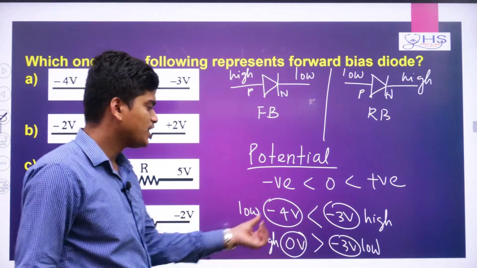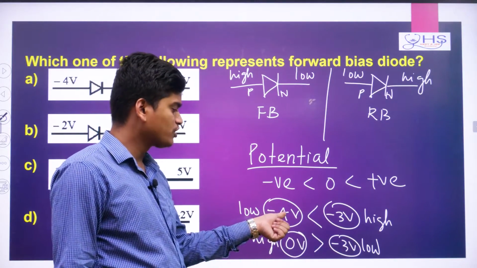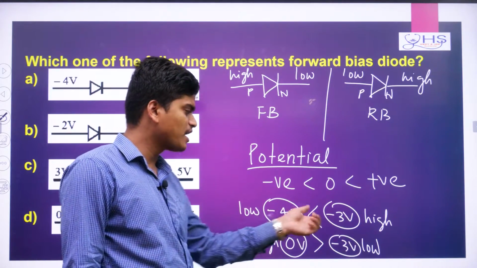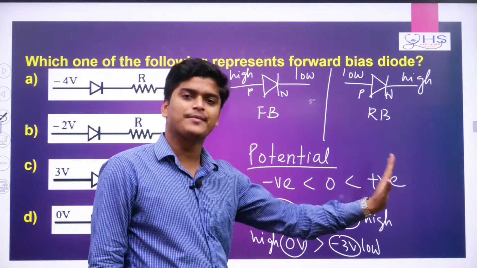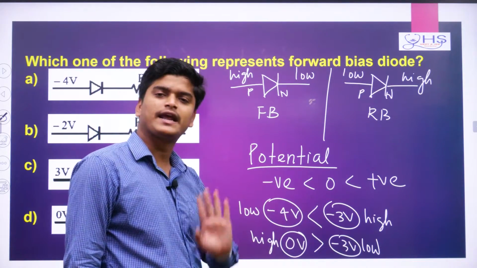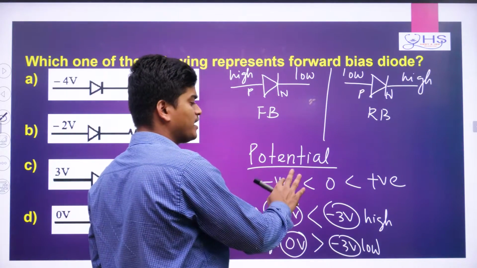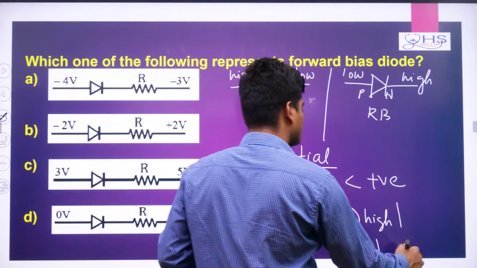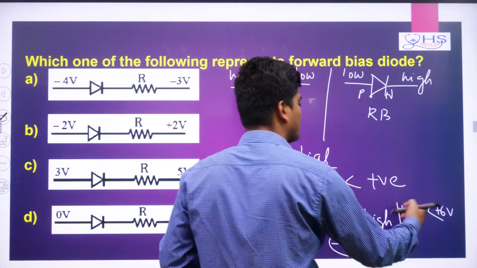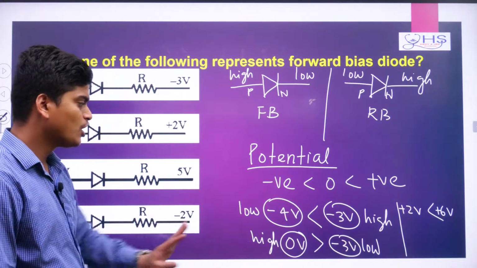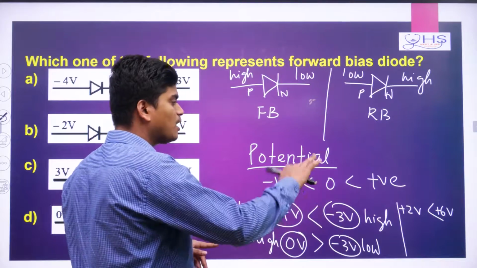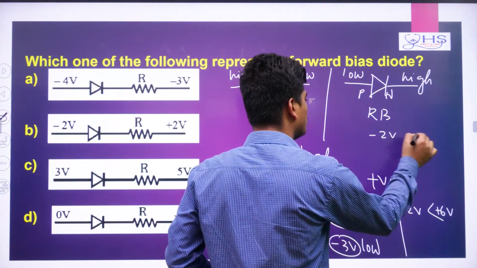If two minus signs are there, the larger number is the lower potential. In negatives, a higher negative is low potential and a lower negative is high potential. 0 is always greater than negative potentials, and positive potential is greater than both the negative and 0. If you have 2 volt and 6 volt, both positive, then 6 volt is greater than 2 volt. Keep this idea in mind; these two things are important to remember. Based on this, suppose I am telling you -2 volt, -5 volt.